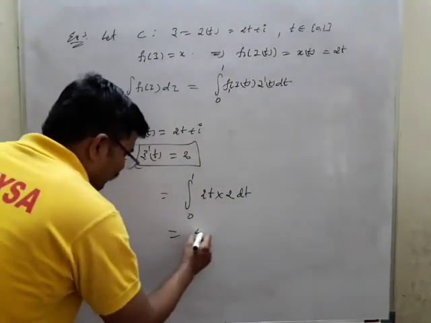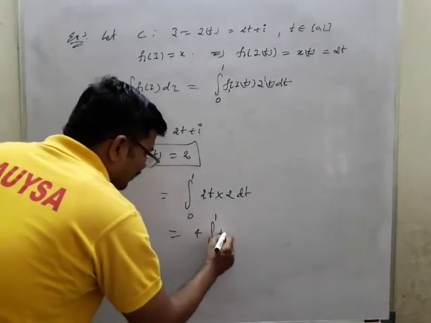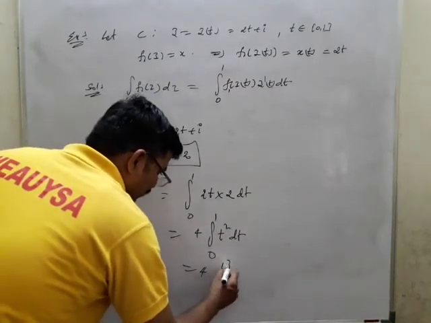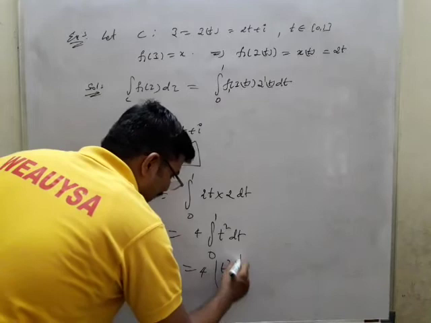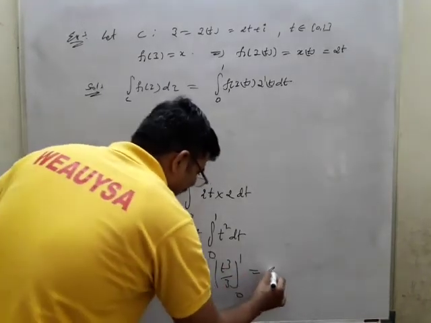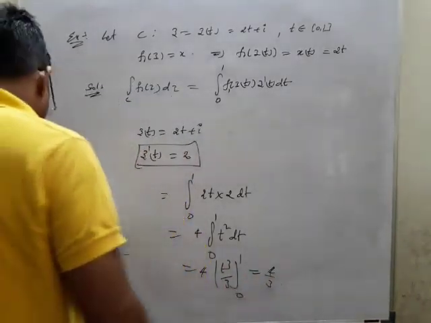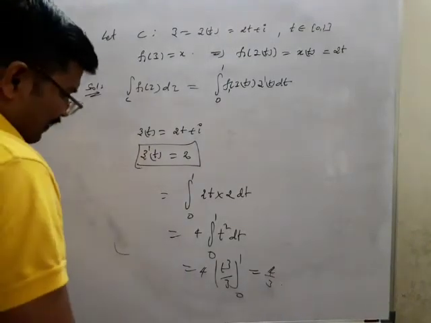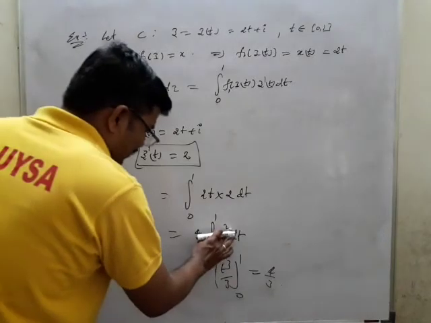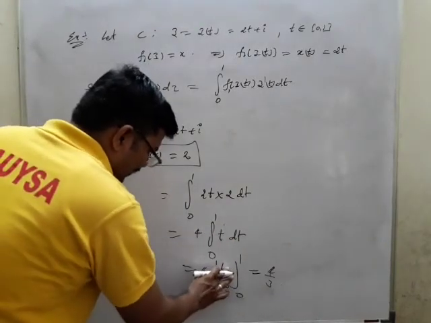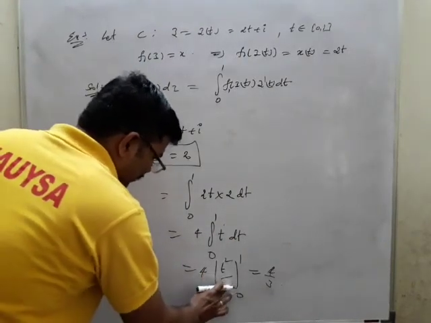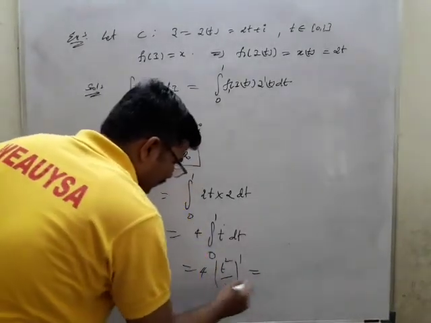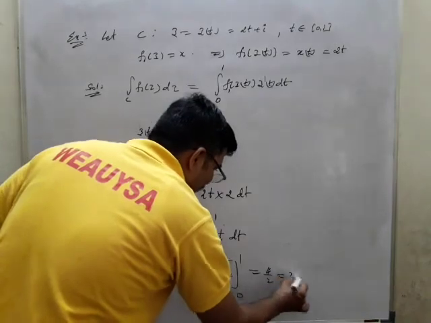Now you make it as 4 into the integral 0 to 1 of t dt, which is 4 into t square by 2 under 0 to 1, so 4 by 2, that is nothing but 2.